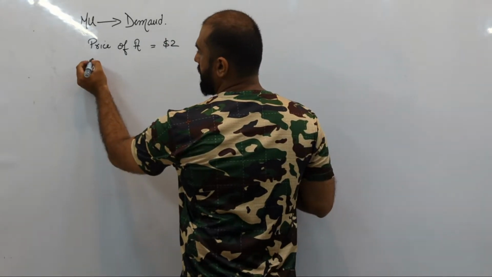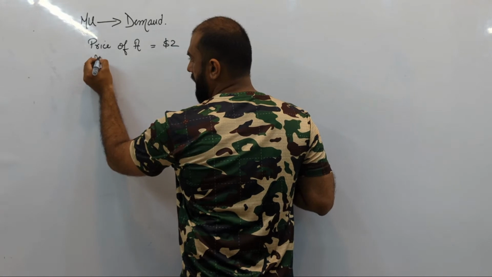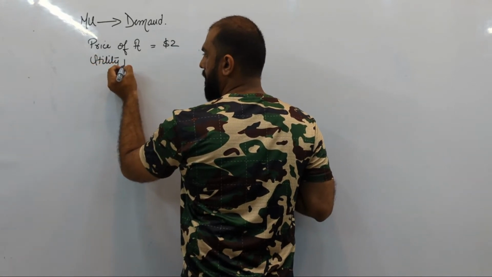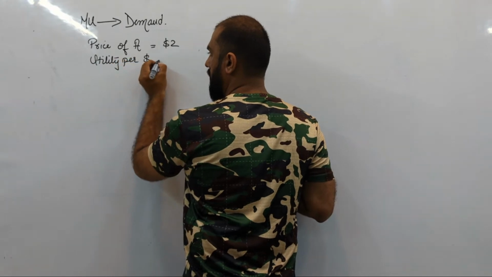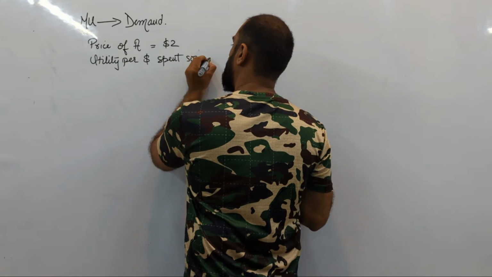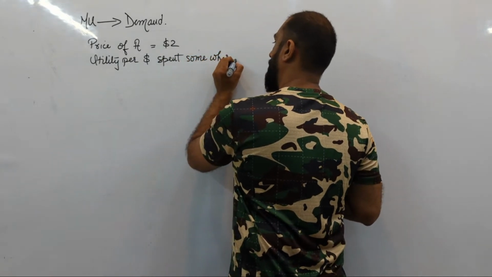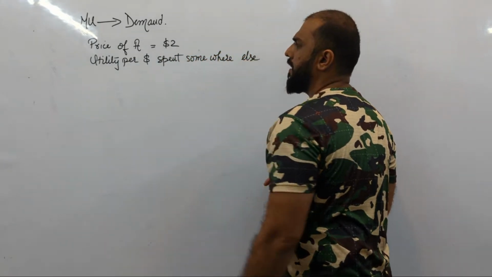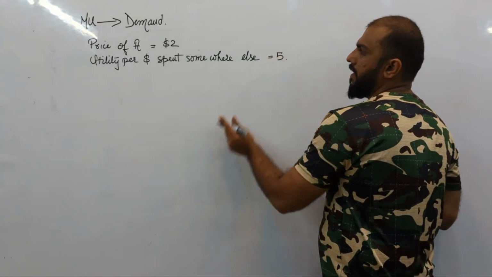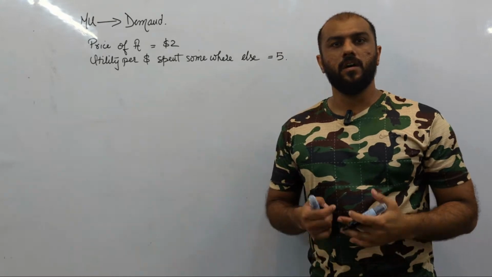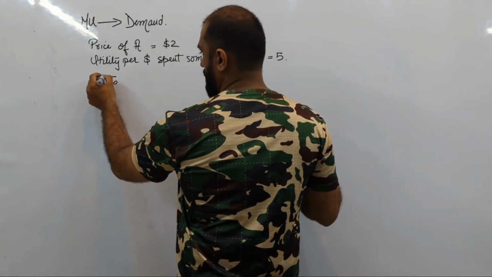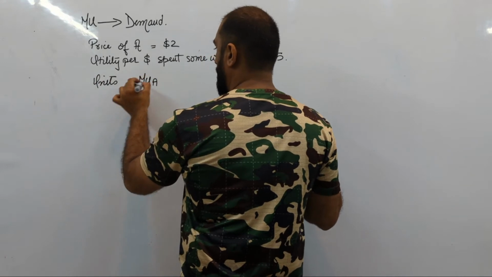The next thing, utility per dollar spent somewhere else. Now this can be any number, all right? So let's say it's 5. And now I'm going to construct a table for A. Units, marginal utility of A, right?